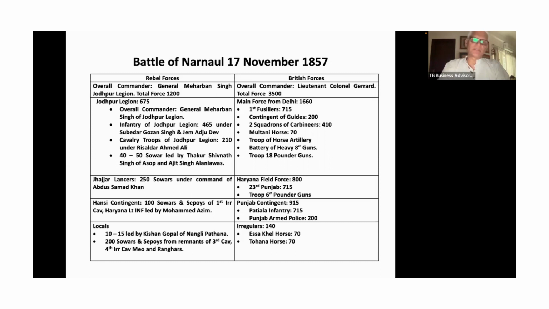Now, these brave hearts, as the name suggests, belonged to the Jodhpur Legion, which was located in Erinpura in the Jodhpur state. However, it did not have troops from Rajasthan or, for that matter, Jodhpur. It was composed of two parts: the infantry part of 11 companies, of which 3 were of Bhils and 8 were of mainly Purabiya Brahmins and Rajputs, with a sprinkling of Jats and other castes from the Ganga Doab and Haryana.